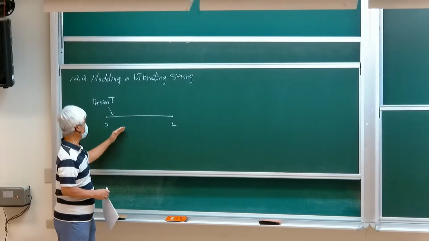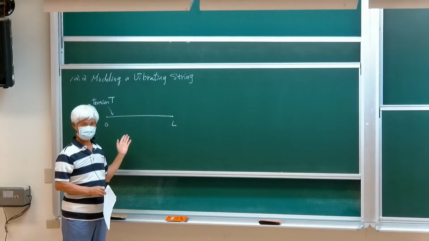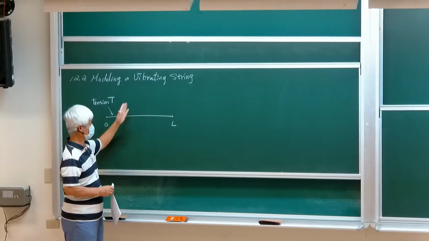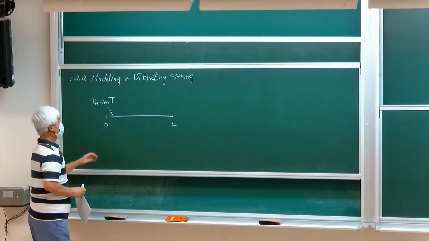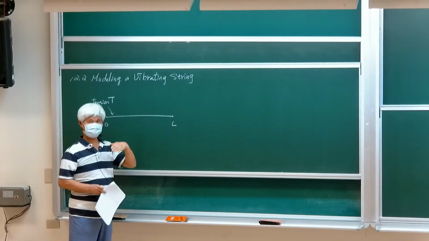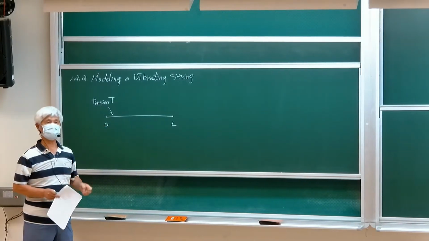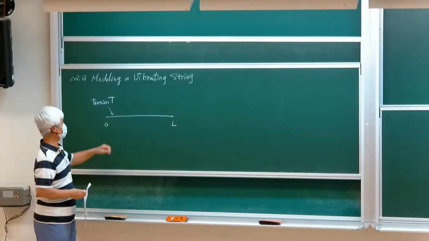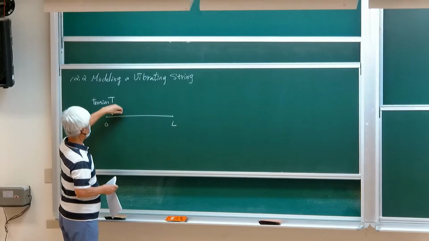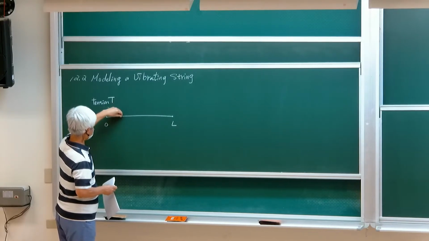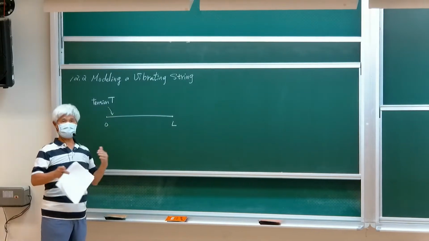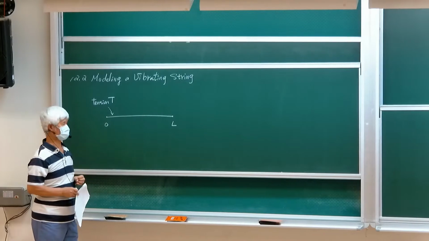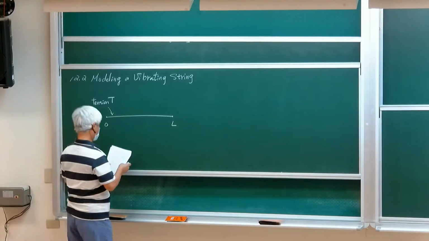There are no horizontal motions, only vertical motions. Also we assume that the string is perfectly elastic, so that when we force the string vertically, there is no resistance of the string.